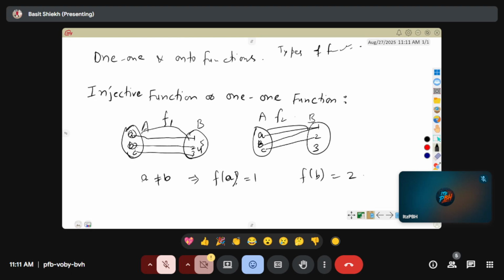If I take any two elements from the domain of the function f1 and find their images in the set B, and I get f of a not equal to f of b for all a, b belonging to the domain, then I will say f is one-one or injective.